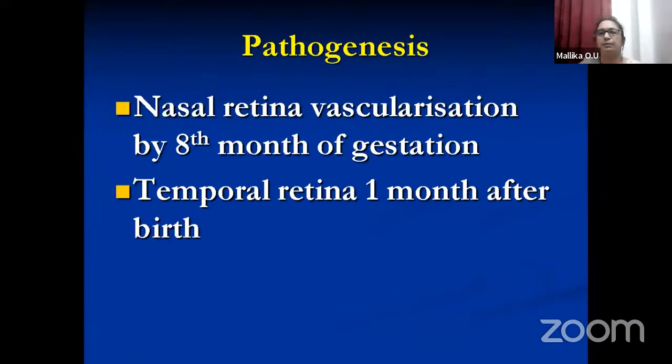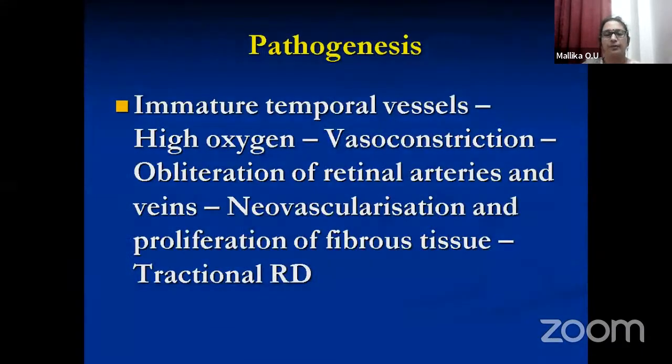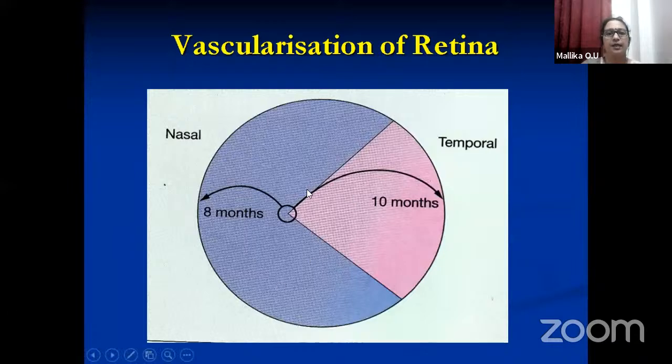Normally, the retinal blood vessels reach the nasal retinal periphery by the 8th month of gestation. So by the 8th month, the whole nasal retina is vascularized. But the temporal retina reaches complete vascularization 1 month after birth. So this is a diagrammatic representation.